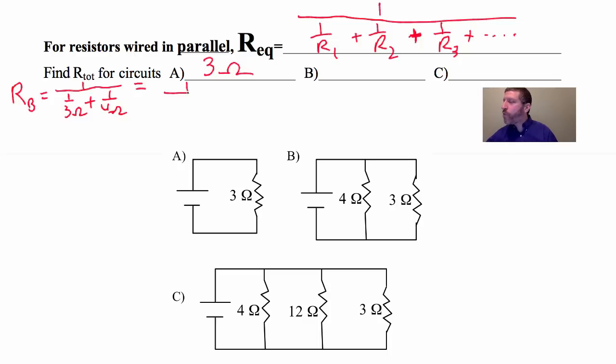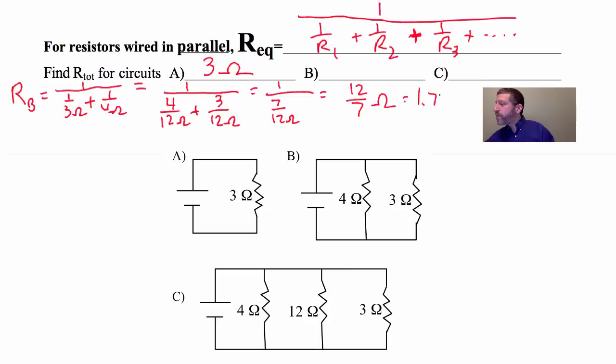It's 1 over 4/12, multiplying top and bottom by 4, plus 3 over 12 ohms, I just multiplied the top and the bottom by 3. So this gives me 1 over 7/12 ohms, which is just 12 over 7, 1.71 ohms. And it's got to be less than 3, and sure enough, it is.